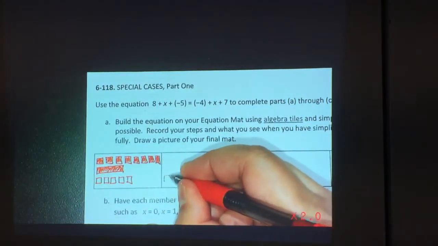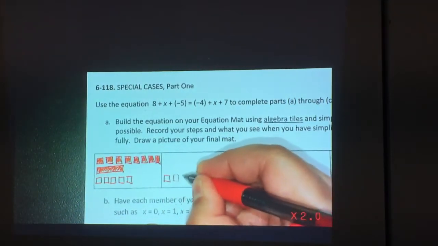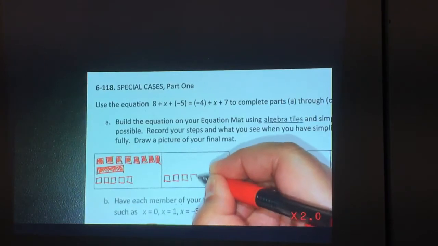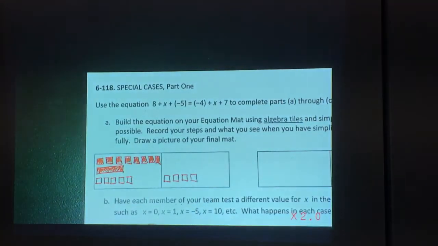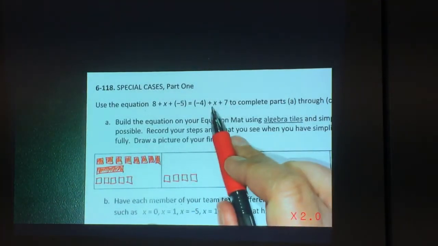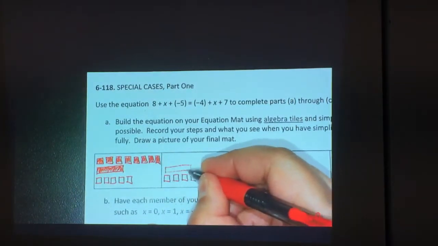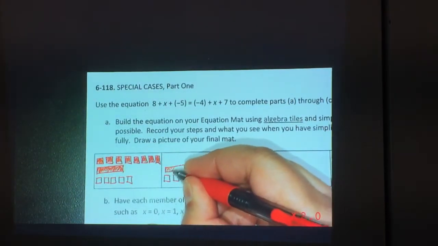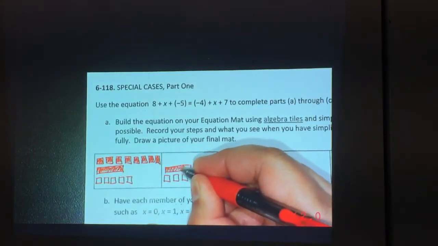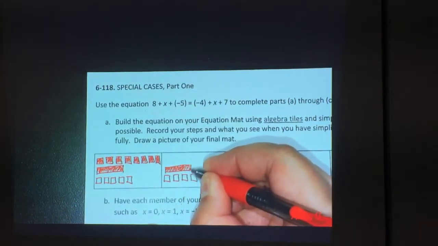I'm going to put these down here because it'll be easier for me when I zero pair them out. Okay. What does the positive X look like? A shaded bar. Whoops, I'm not shading real well there.